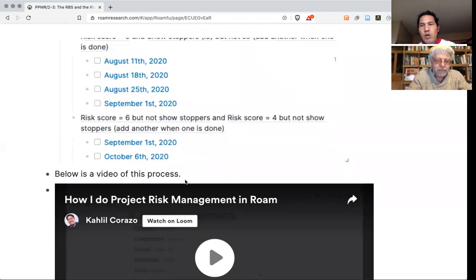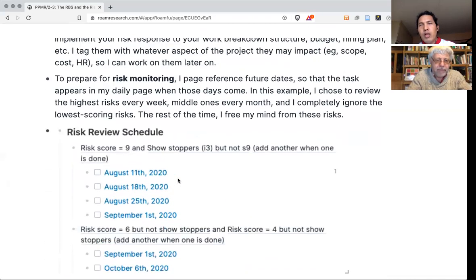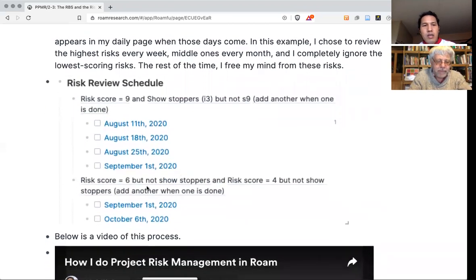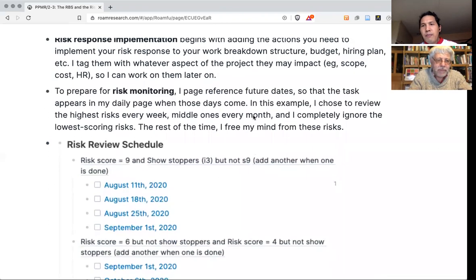And then the lower scoring risks have a proportional cadence of reviews. For instance, for a risk score of 6, I only review them once a month. So that's basically the process of using Roam for risk management.